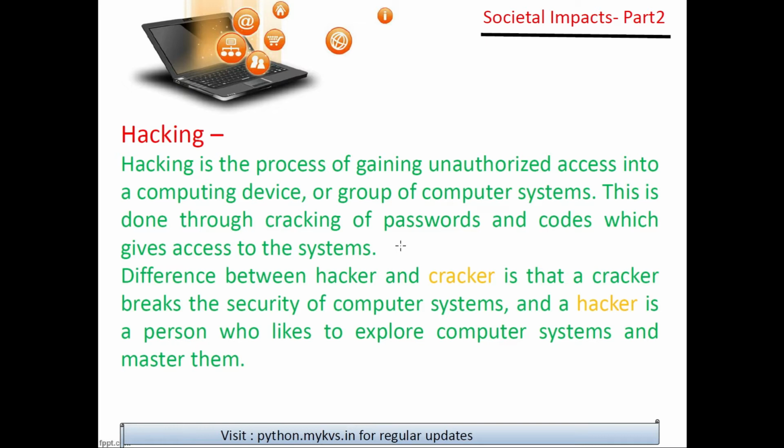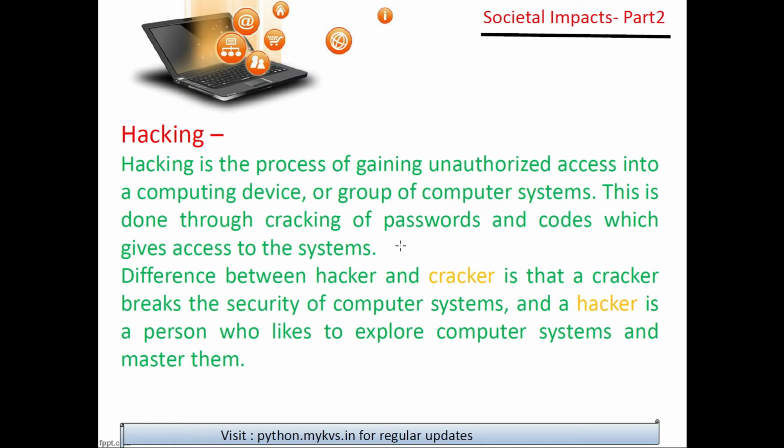So the difference between hacker and cracker is that a cracker breaks the security of a computer system, and a hacker is a person who likes to explore computer systems and master them. So here the purpose and the aim of the hacker is something different. Okay, so the hacker actually wants to learn.